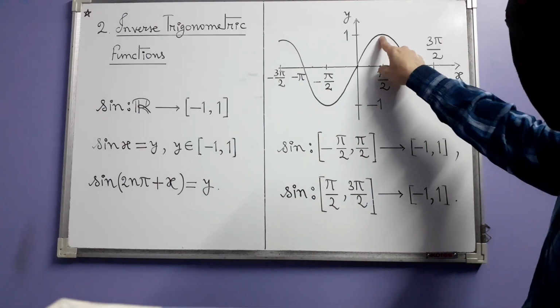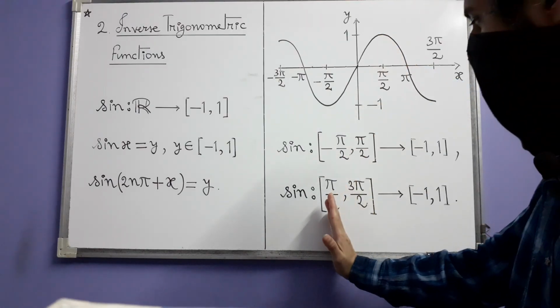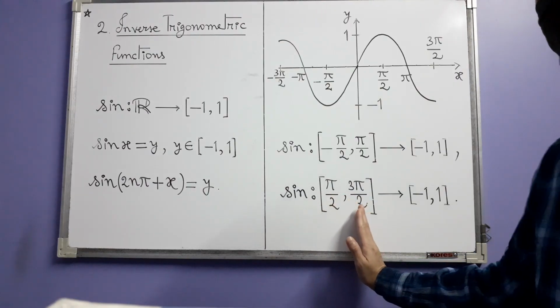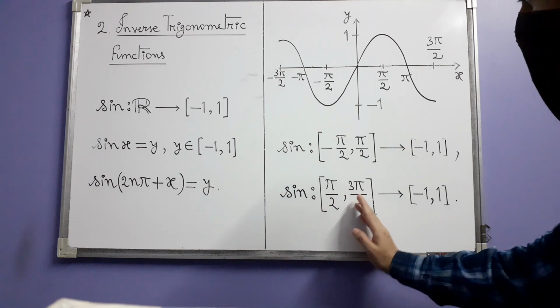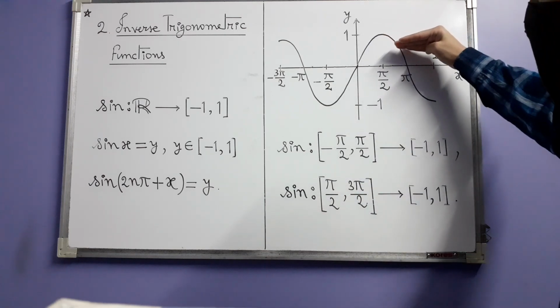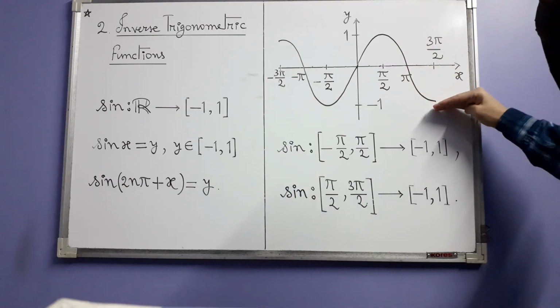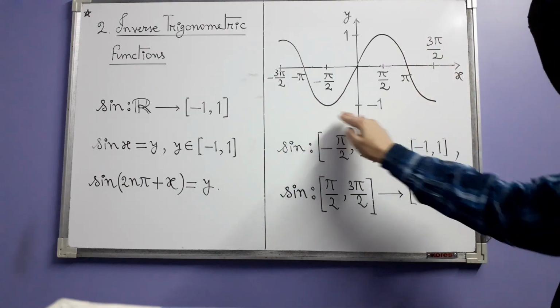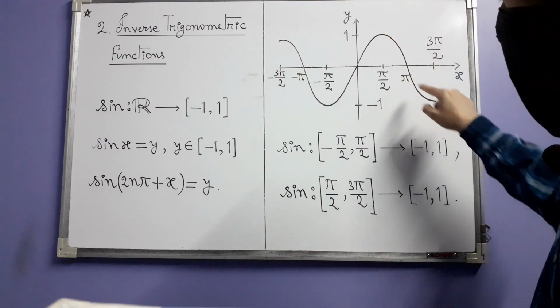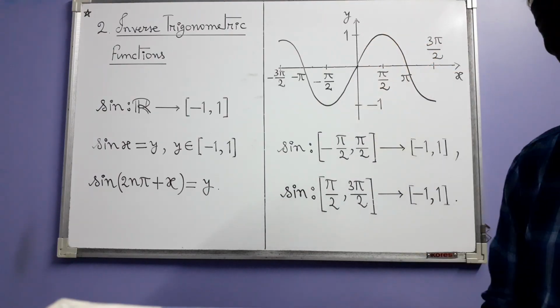Sin x is 1. And then as your x moves rightward in this interval and eventually reaches 3 pi divided by 2, your output value decreases and it finally becomes minus 1. But in doing so, it takes on every possible value between 1 and minus 1.